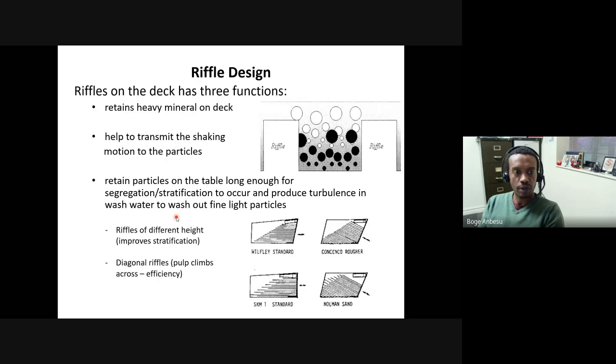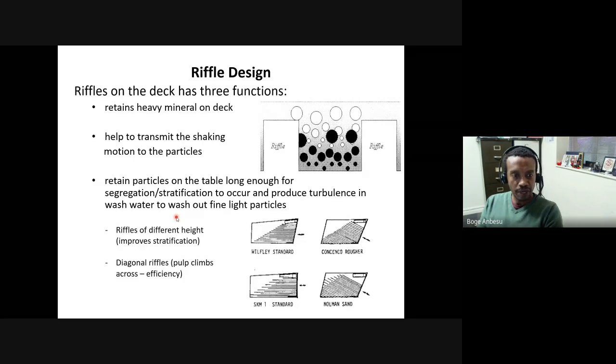The table goes forward and backward, and therefore that motion should be transferred to the particles, so the particles experience that shaking. If they experience that shaking, then they will segregate according to the density. If the table is not transferring that motion to the particles, then the particles won't segregate nicely, and therefore that will impact the separation.